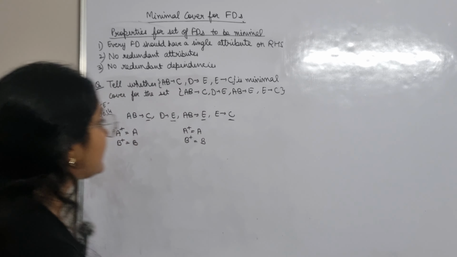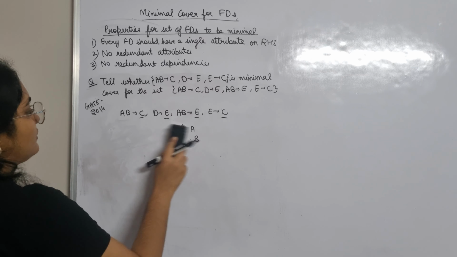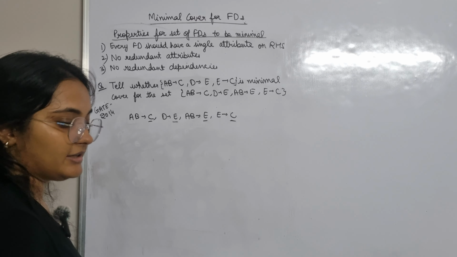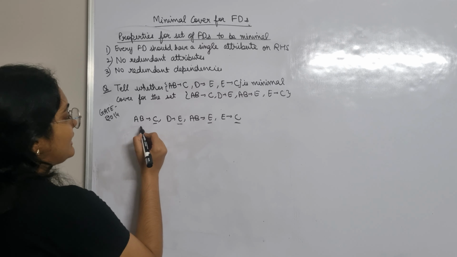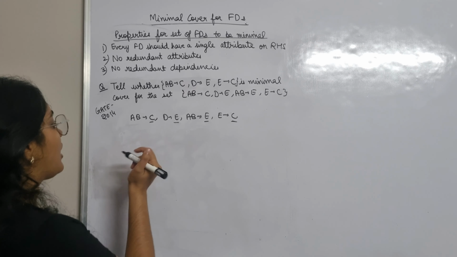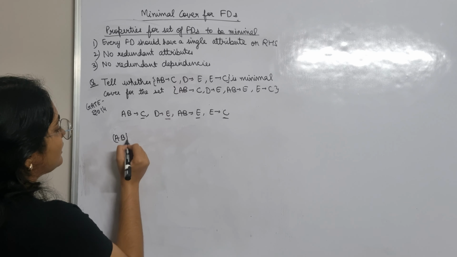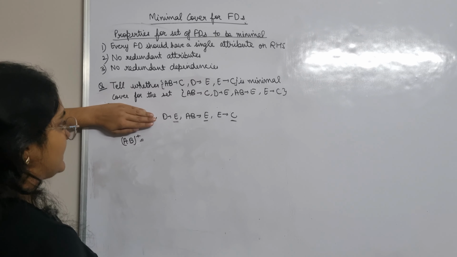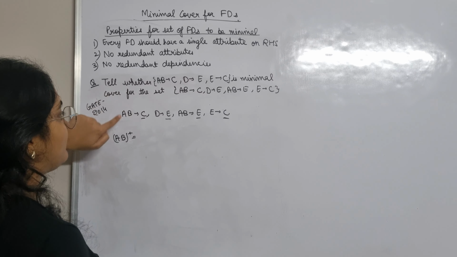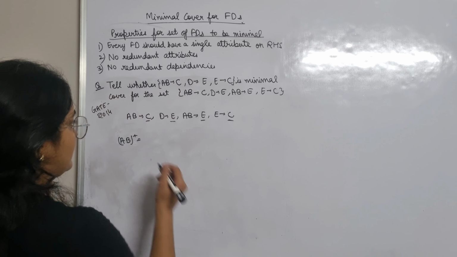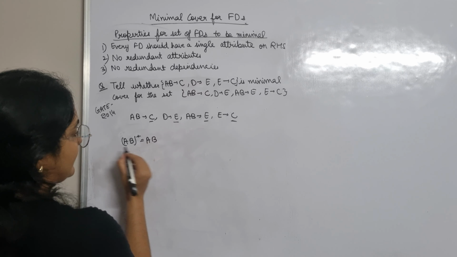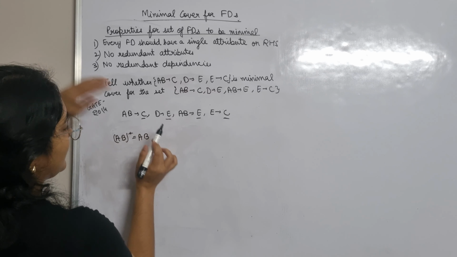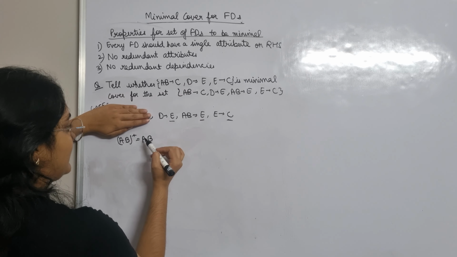Now let's see if there are redundant functional dependencies. Let's see if this particular FD can be removed. If I find the closure of AB plus without taking this functional dependency into consideration, can I determine C? AB plus gives AB by the reflexive rule. D determines E, D we don't have.